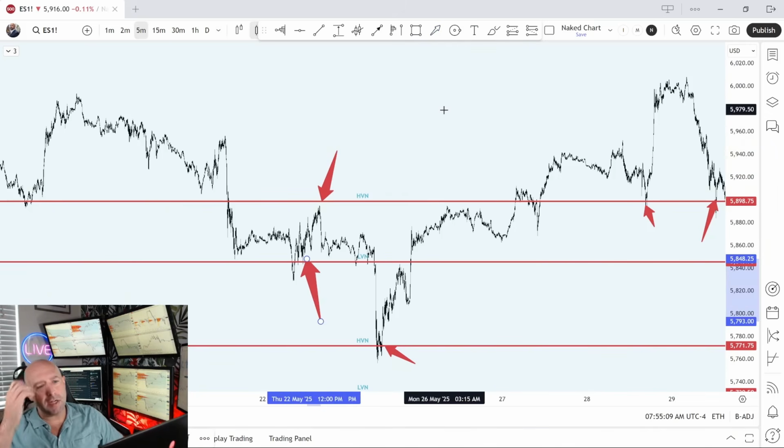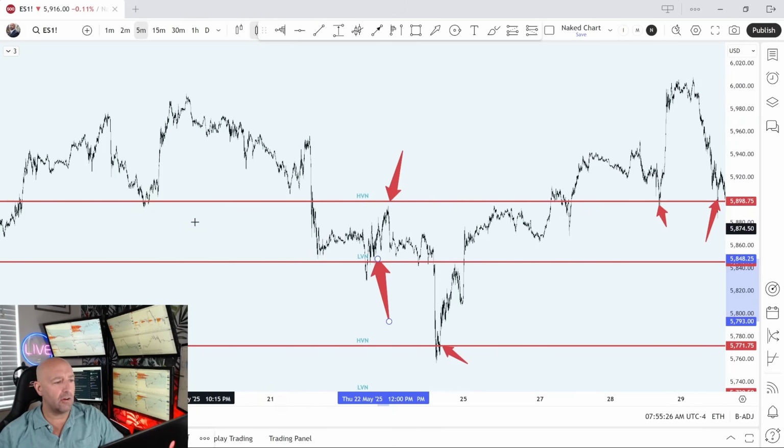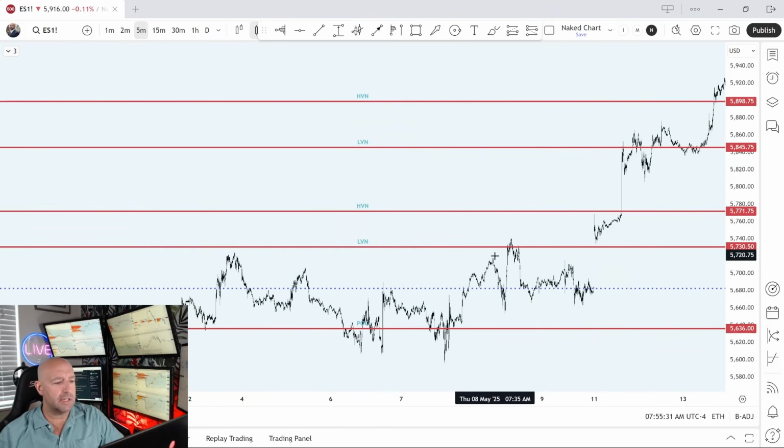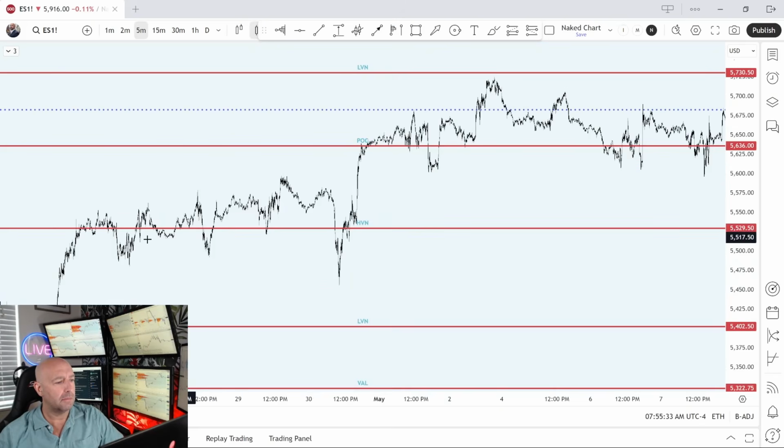So it gives you a much bigger picture and all the data from the last year and a half to give us some very important levels to trade. High volume nodes tend to act as magnets. Low volume nodes tend to act as significant support and resistance. So this allows us to create some very powerful levels on our charts using composite volume profile.